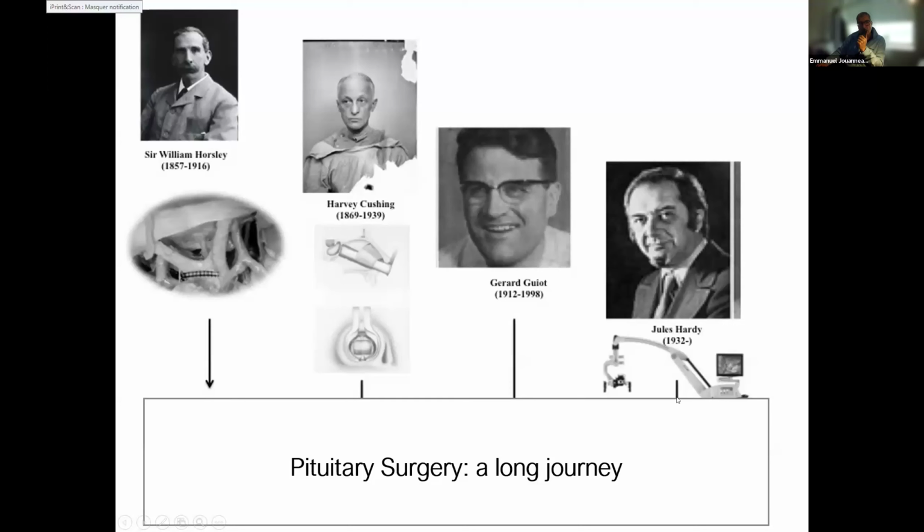And after, there was a new progress at the beginning of the 1980s with the introduction of the endoscope.